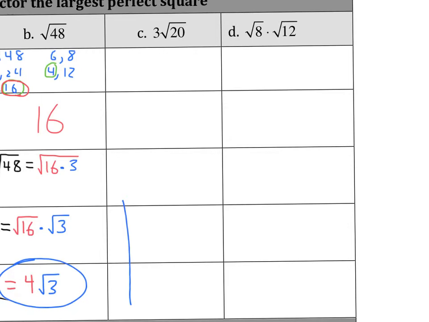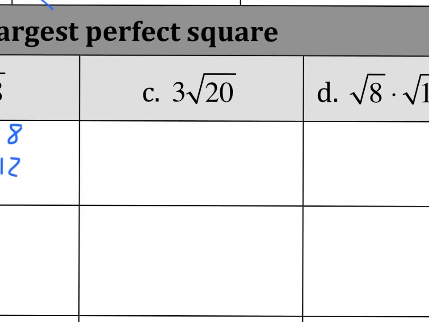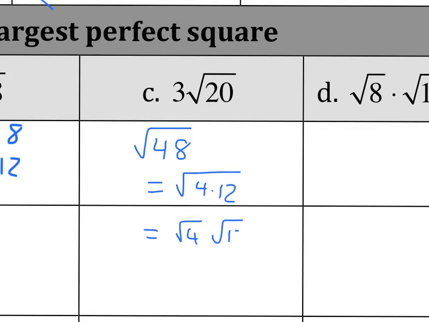Now you're not going to see too many of these right now, where there is already a number outside, but you might come across it accidentally, where you created this mess, which could easily happen. Take, for example, if you quickly saw that this was 4 times 12, and you pulled the 4 out, the square root of 4 and the square root of 12, and you said 2 radical 12.